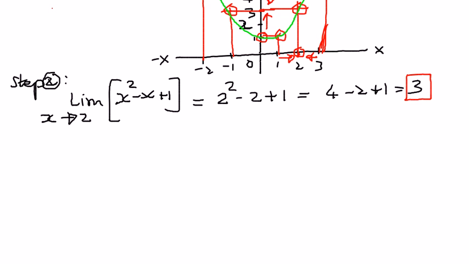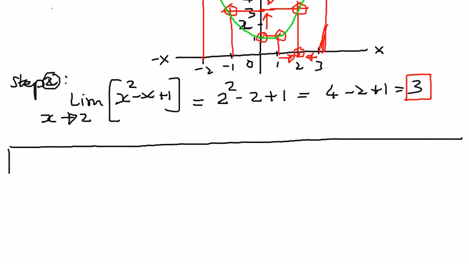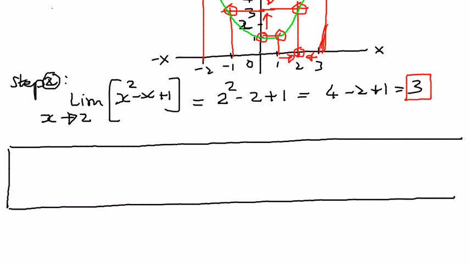We're going to demonstrate the same thing by constructing a table of values as shown here. Let me draw the table of values, and if we pick points very close to the x ordinate, we will see that the value of the function is going to be very close to 3 from either side.